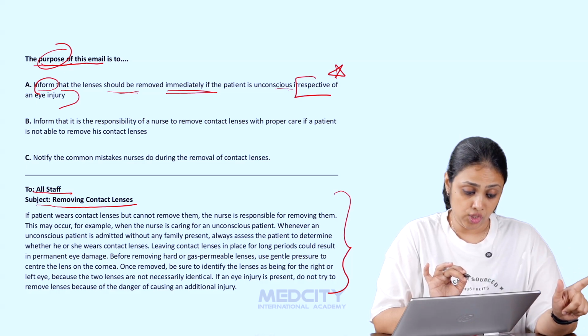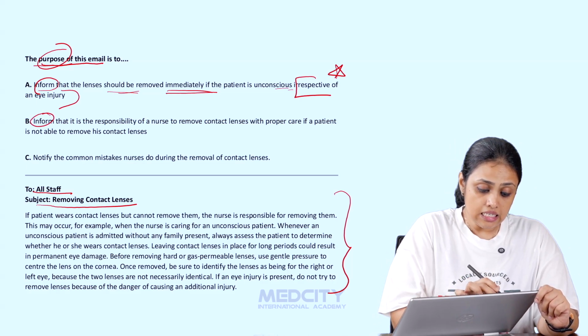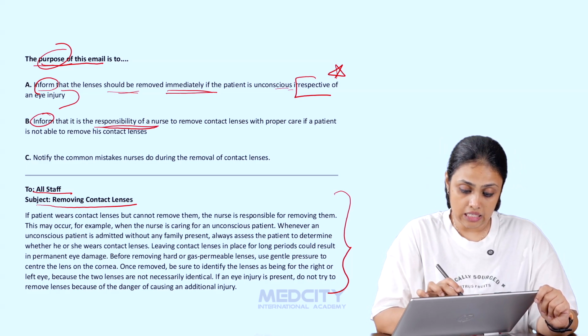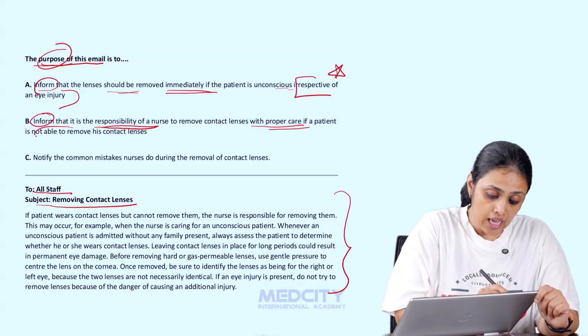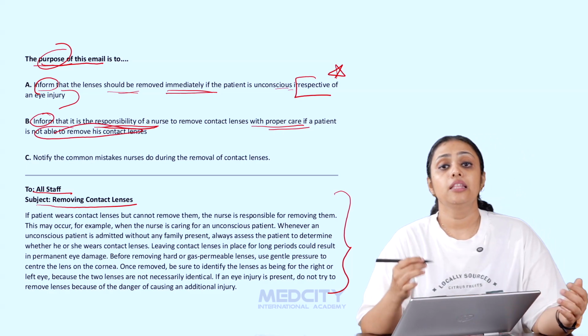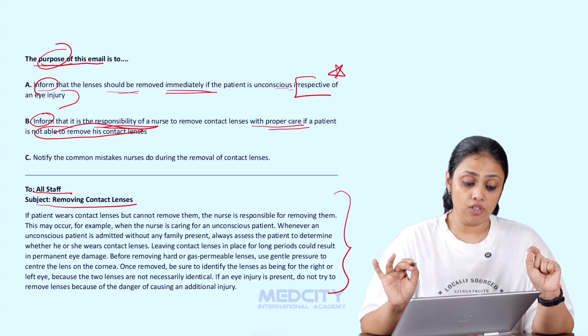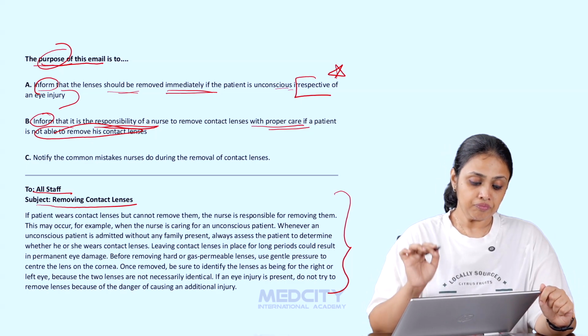That is option A. Option B says again, inform that it is the responsibility of a nurse to remove contact lenses with proper care if a patient is not able to remove his contact lenses. That is, if the patient is not able to remove his contact lenses by himself, then it is the responsibility of the nurse to remove it with proper care.